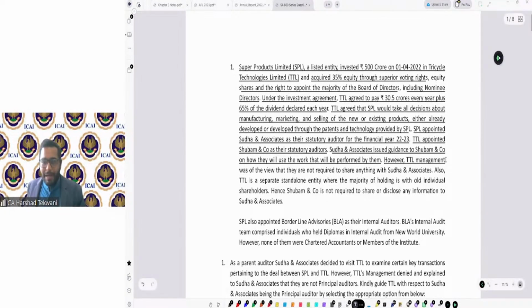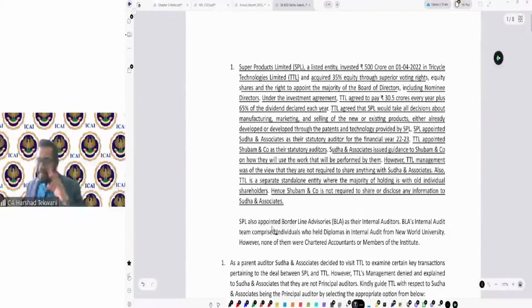However, TTL management was of the view that they are not required to share anything with Sudha and Associates, although TTL is a separate standalone entity where the majority of the holding is with the old individual shareholders. Hence, Shubham and Company is not required to share or disclose any information to Sudha and Associates. Okay. So that is the background about the transaction between the company and the auditors. So let us see the first question.